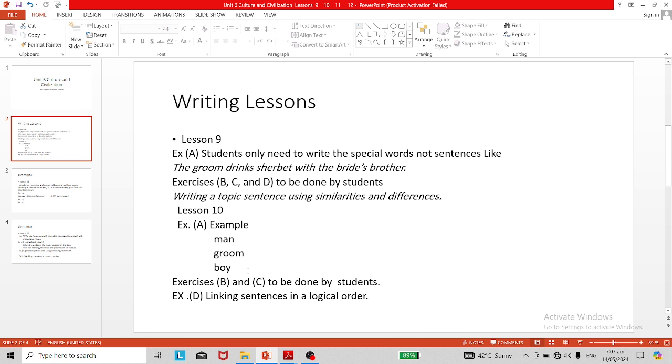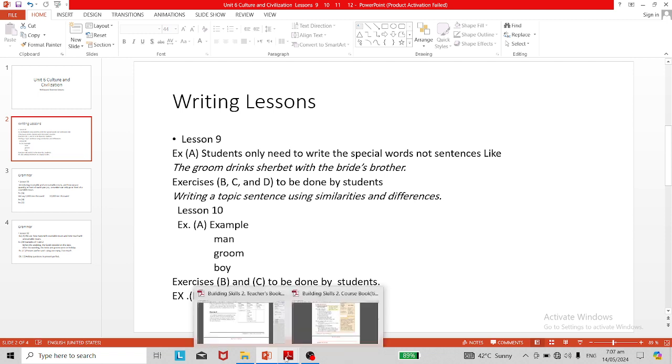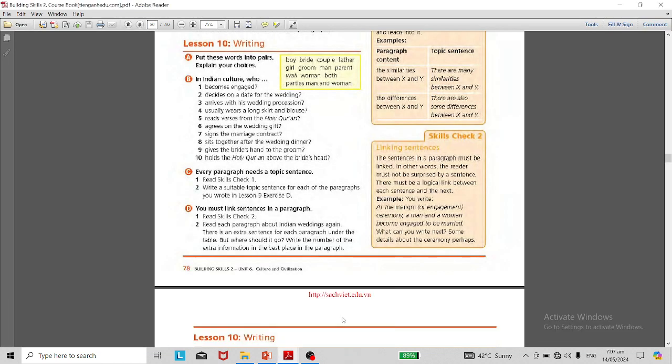About males. And you do the rest in the same way. Please do the rest yourselves. For exercise B, you read the text and answer these questions from the text. It's straightforward, it doesn't need more explanation.